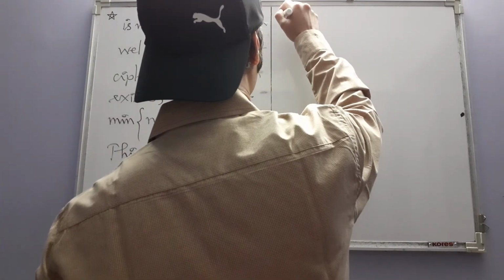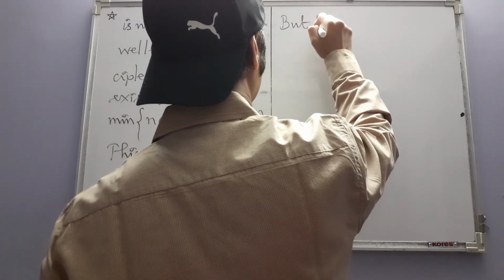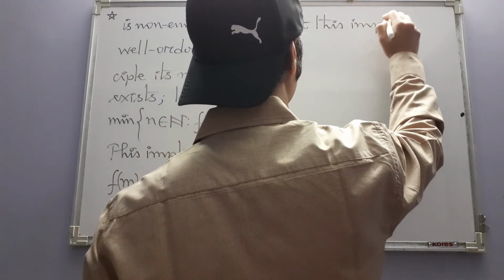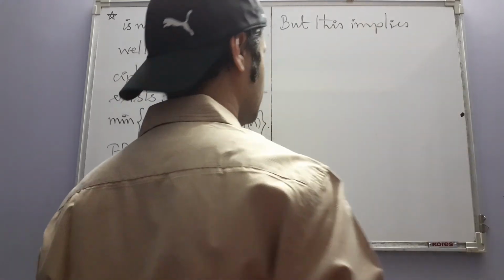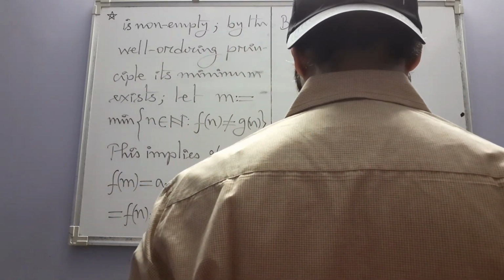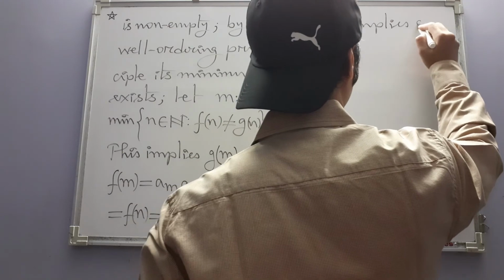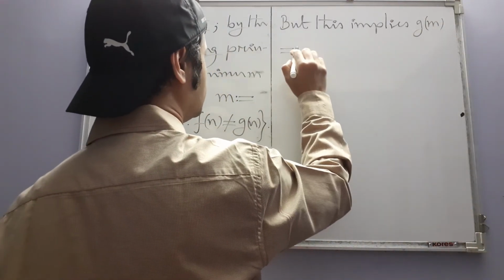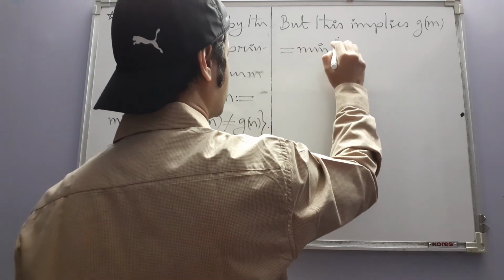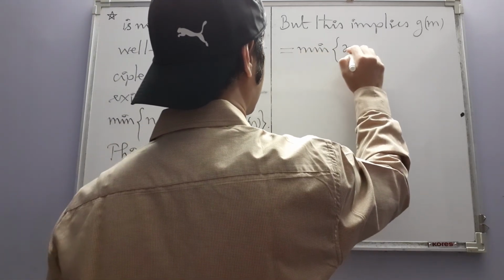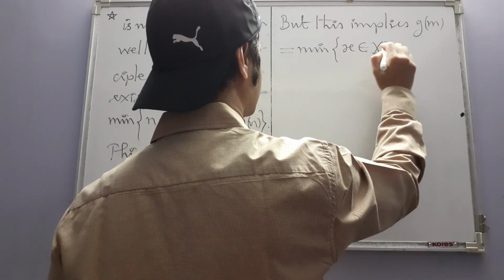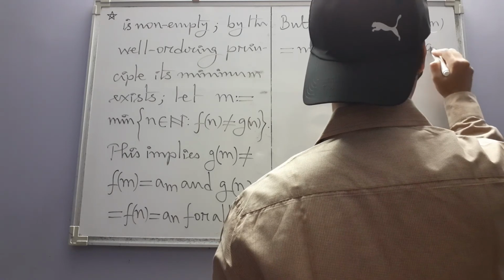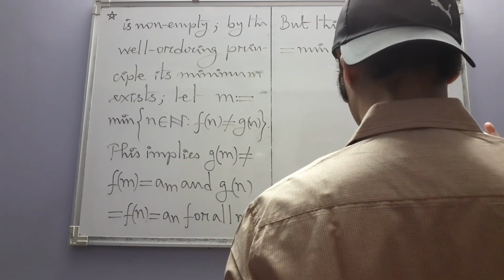But this implies that g of m is equal to the minimum of all elements x belonging to X, such that x is not equal to a_t, what symbol is he using?